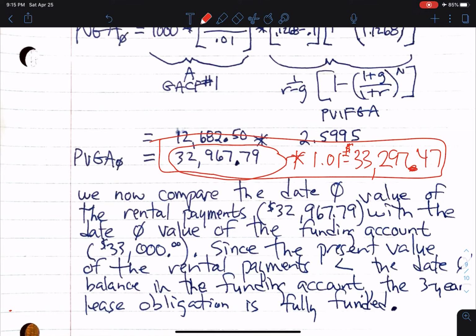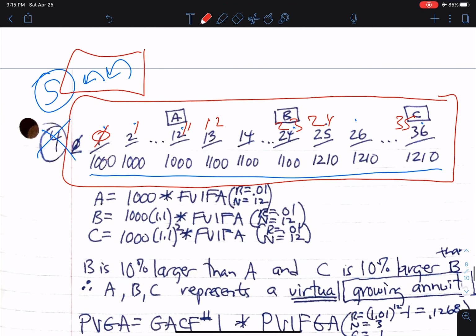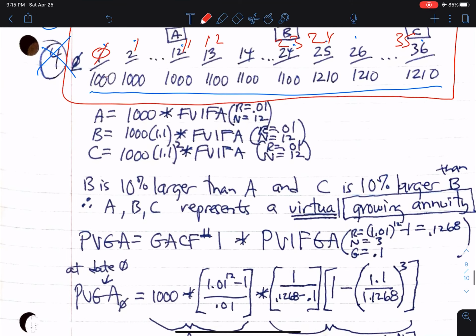So again, in the last problem, we only needed $32,967.79 to fund the rental cash flows. Because the rents are now due earlier, we now need more, specifically $33,297.47 is the amount that we need to deposit at date zero in order to fund this.